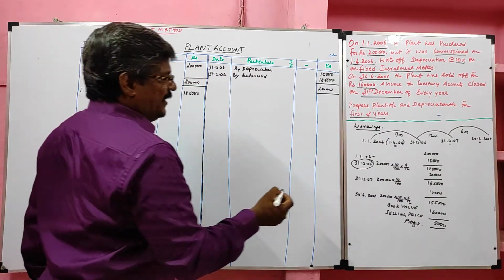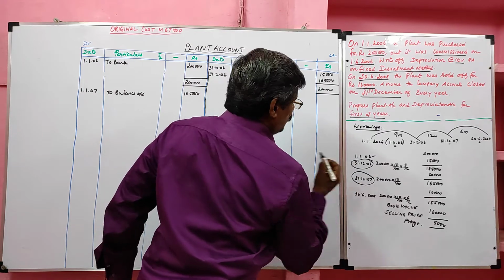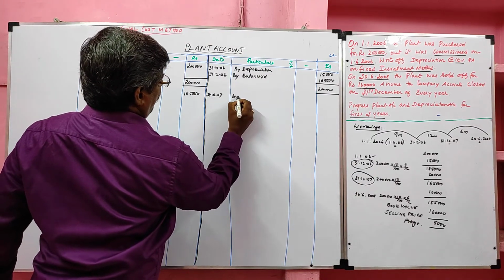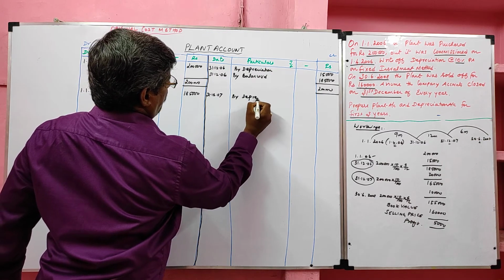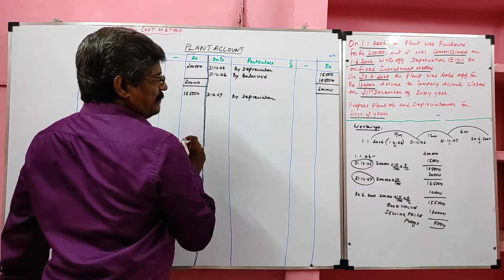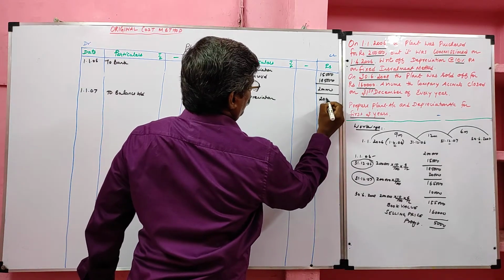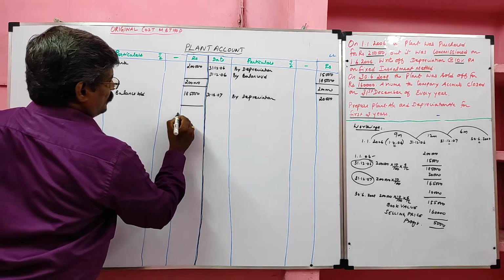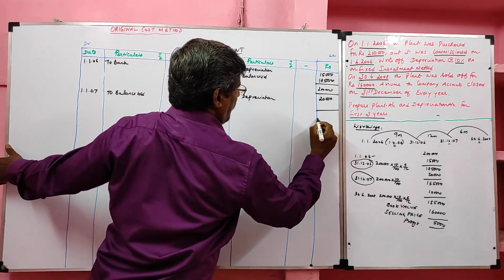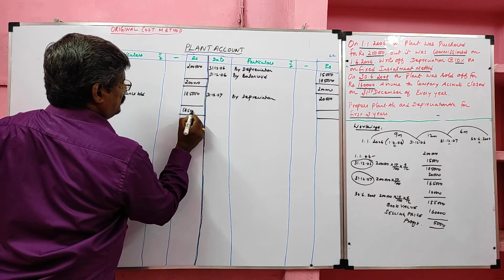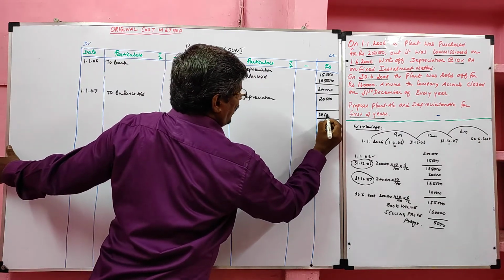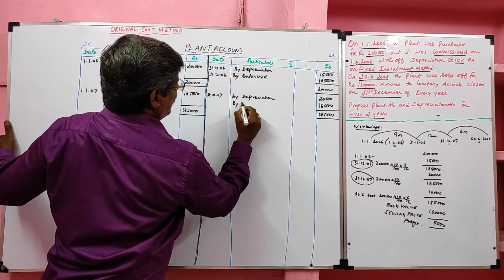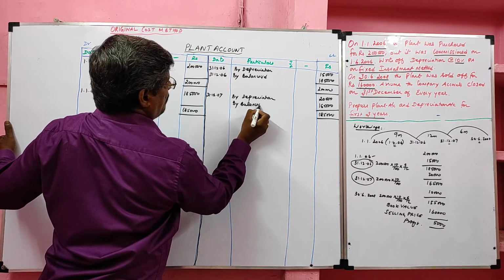Then second year end, we have to provide depreciation on 31/12/2007. In depreciation account, we have to provide full year depreciation. We have to close this second year. 1,85,000 minus 20,000, you will get 1,65,000. That is the closing balance at the end of second year.